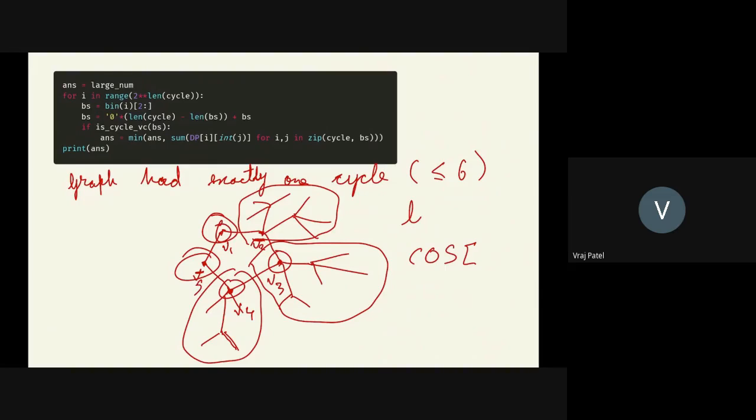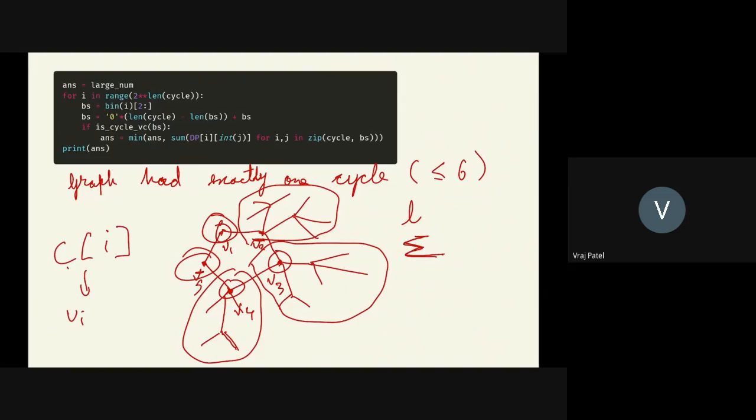What is the expression that I have to evaluate in this case? Let us say I have an array C, where C of i represents whether Vi is covered or not.